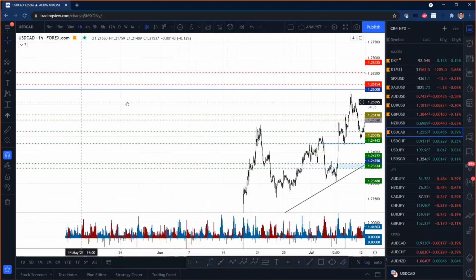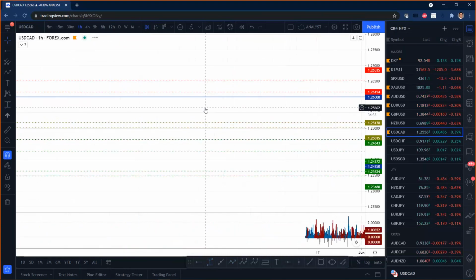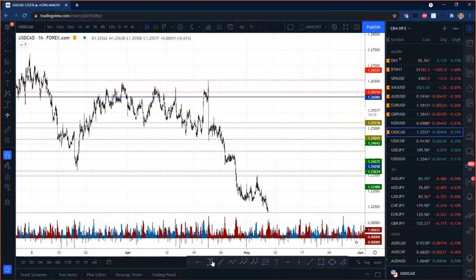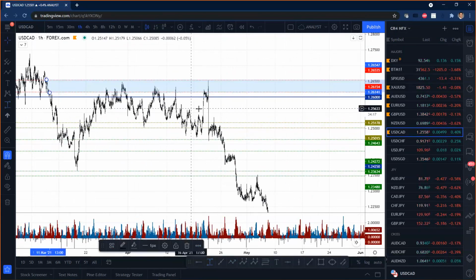Just jump over, where is the origination? There it is. And as we've seen here before, even if I just start from this point here, there, we have seen that that's a good area of resistance.